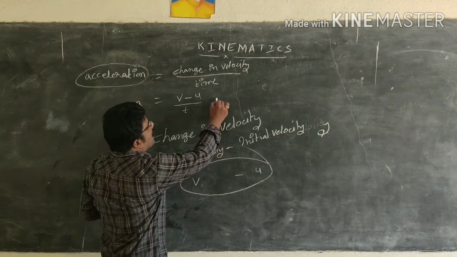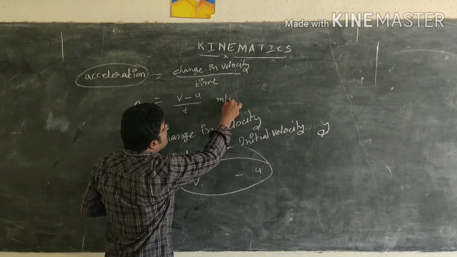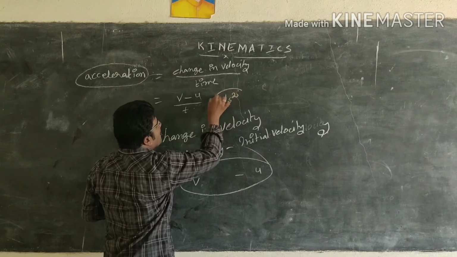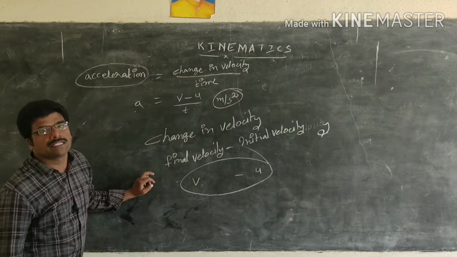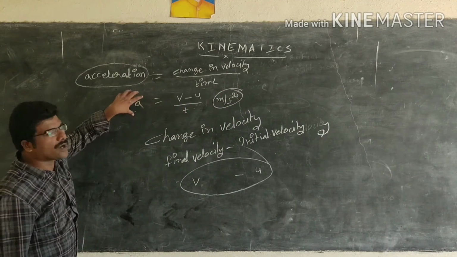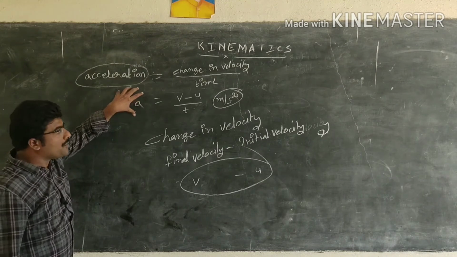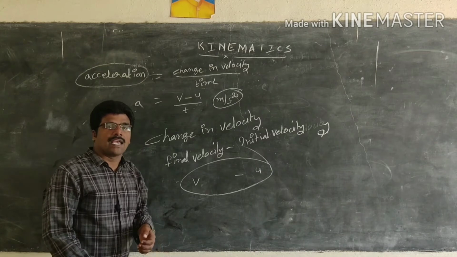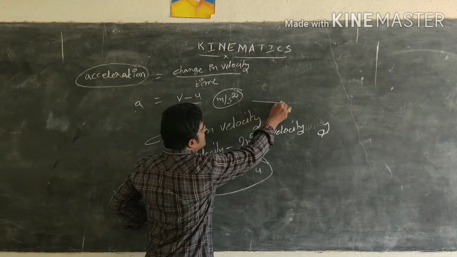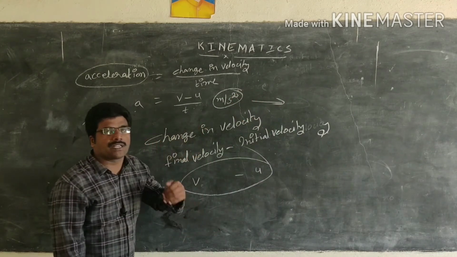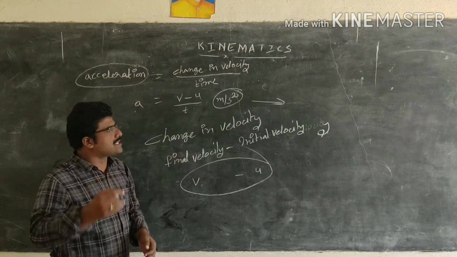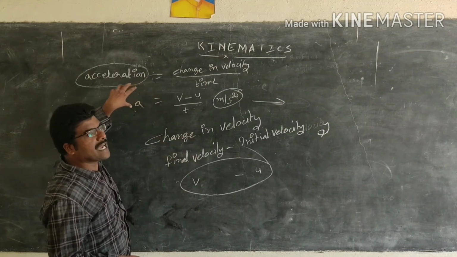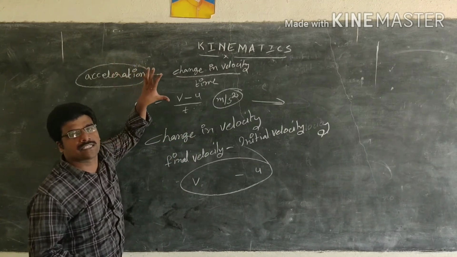The unit for acceleration is meter per second square. Remember this: meter per second square is the unit for acceleration. And in which direction does the acceleration exist? In the direction of velocity. Whatever the direction of velocity, in that direction only the acceleration exists.